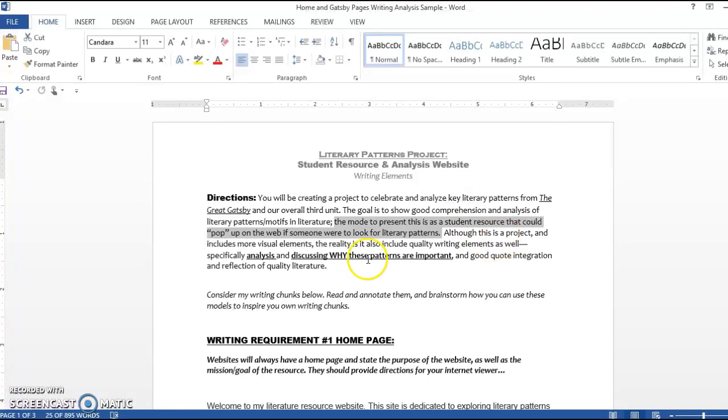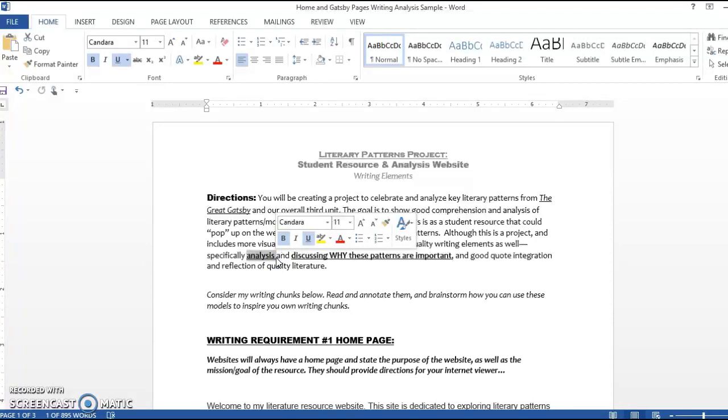Although it's a project and it's going to have some visual stuff going on, the reality is it's also quality writing. And there are going to be some writing components that you want to make sure you take care of. You are going to be looking at analysis, which is why: why does the writer do what they do?